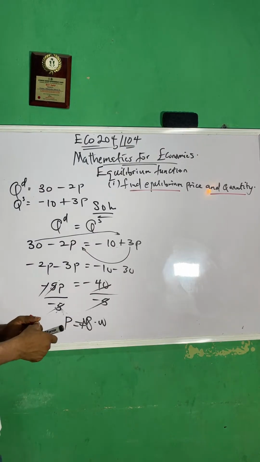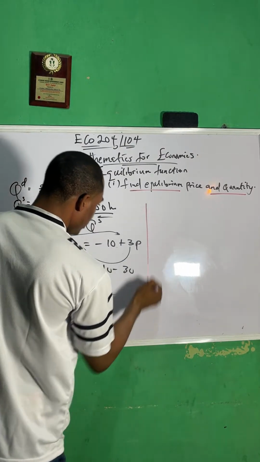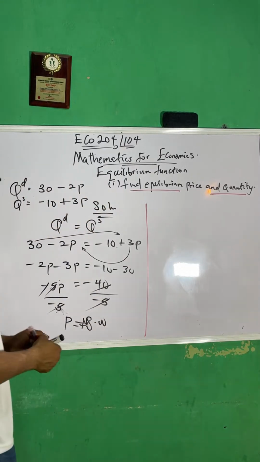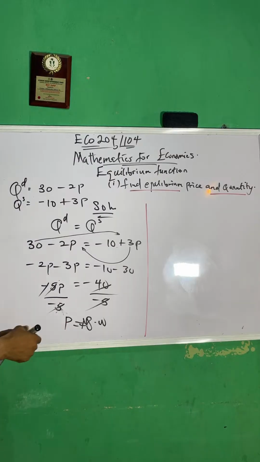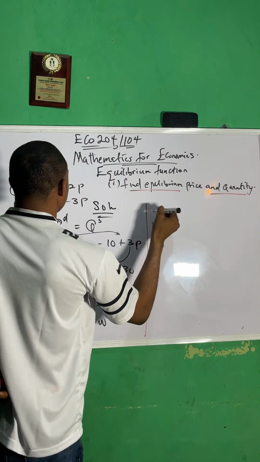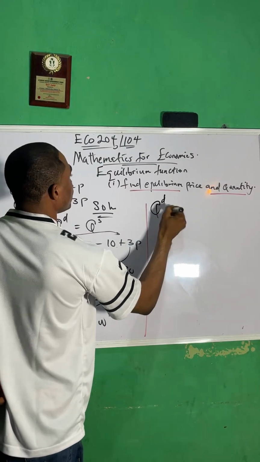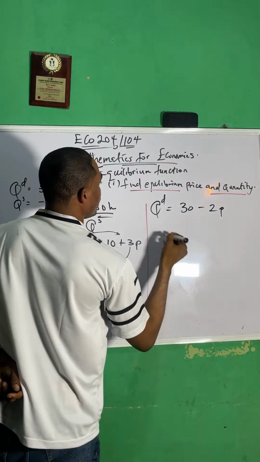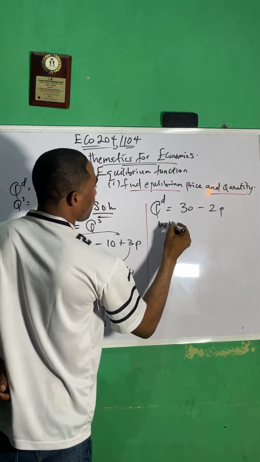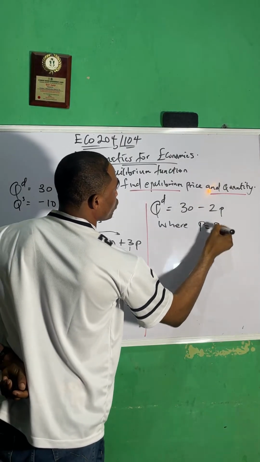So now to determine my equilibrium quantity, whatever you get for your price, just substitute it in any of these equations. So what I get for my price is 8. To know my equilibrium quantity, my QD function is 30 minus 2p, where p equals 8.